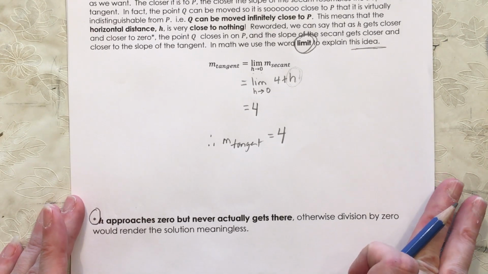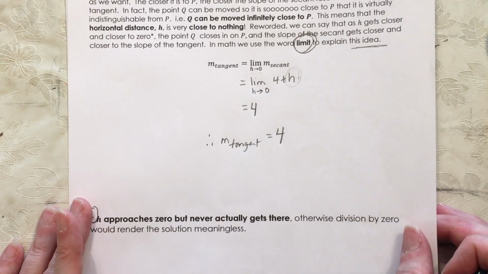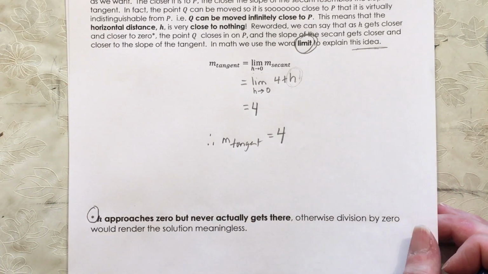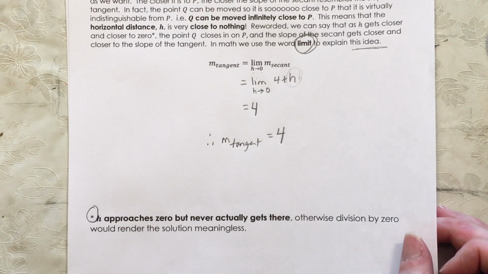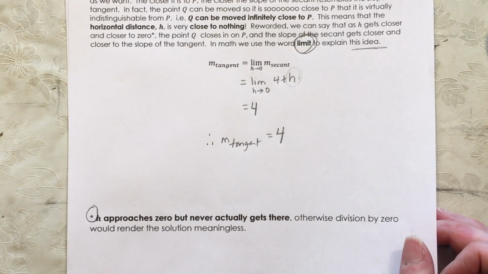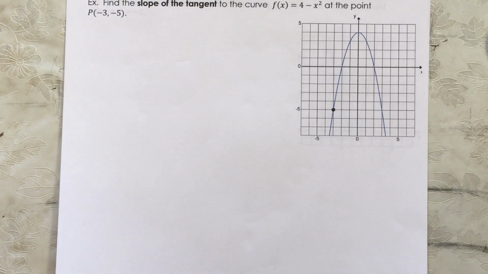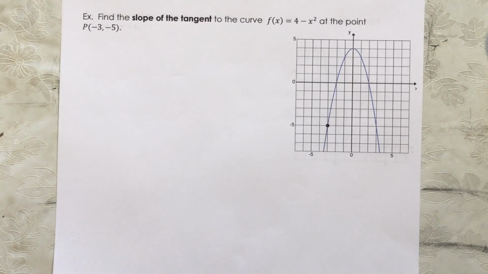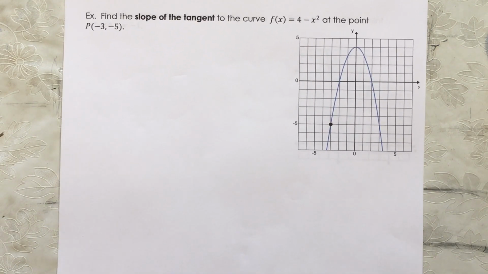All right, so we're going to go through a bunch of questions now the way Newton did, and in the next video we'll go to a formula for this. But it's really important that you get the basic underlying foundations of calculus before we move forward.